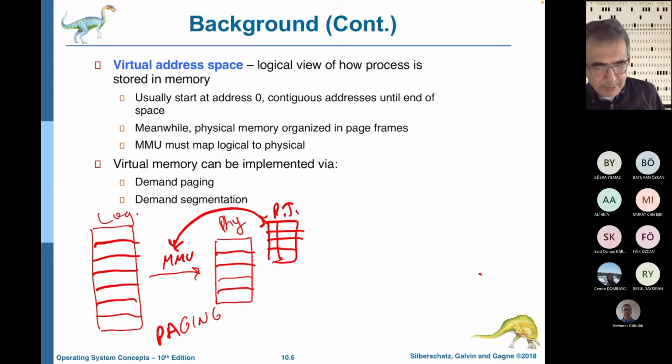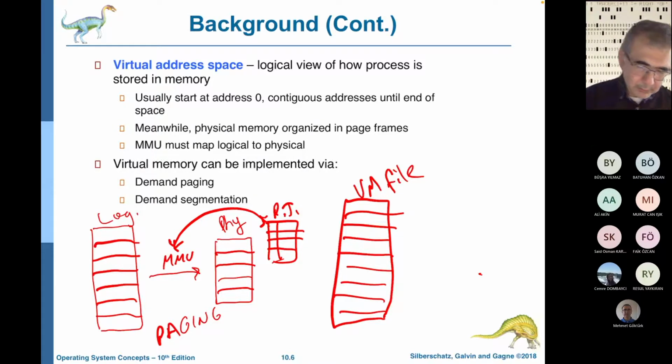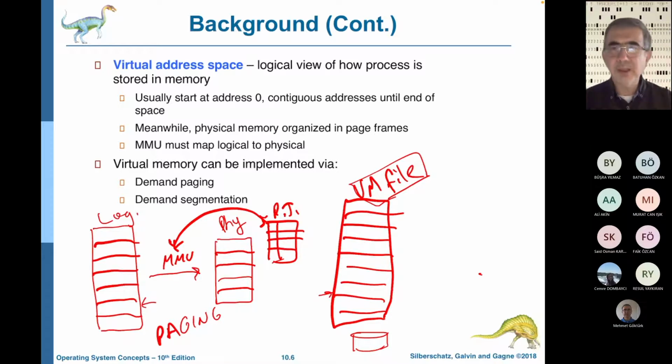When we have virtual memory, we also have a virtual memory file. So not only physical memory, but also we have the memory on the disk drive. That could be the same size as the logical memory, or smaller than logical memory, but bigger than physical memory.